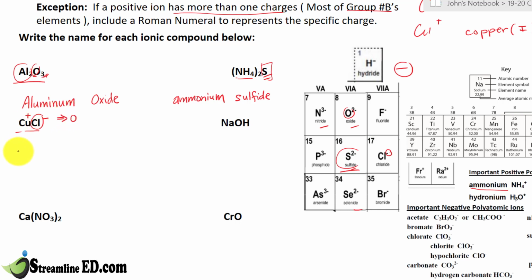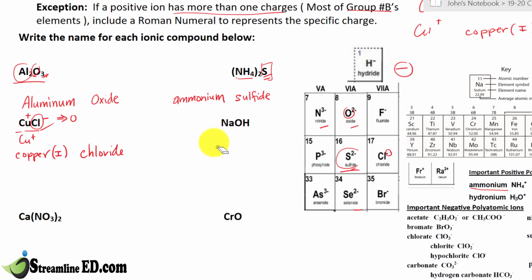So in this case, we know that this copper is Cu+, for which we use the Roman numeral I. And then Cl would be chloride for the name of the negative ion. So that's how you name elements from group B with more than one charge.